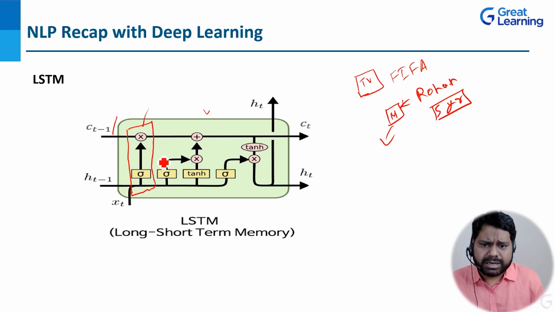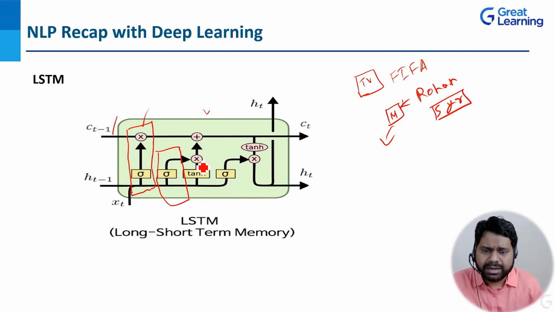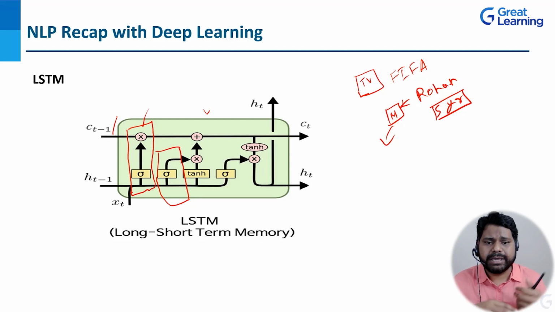Then there is another gate that is known as your input gate. Based on the forget gate, you decide, using a sigmoid function, what to take and what not to take from the information which Rohan is giving you. So this is your input gate. Then, based on that input from Rohan, you update yourself, and you got to know what is happening in your college.